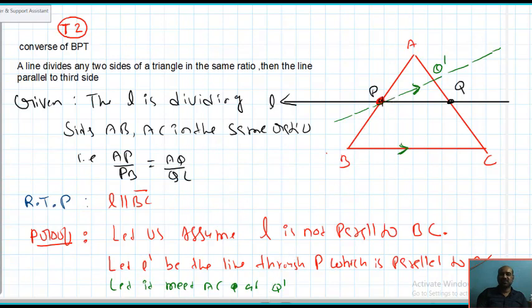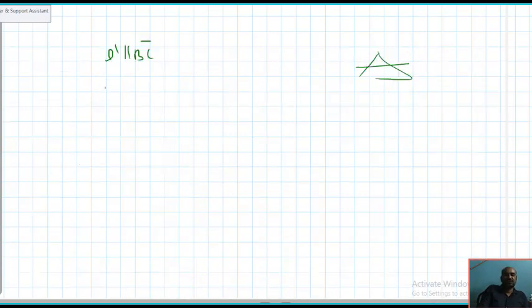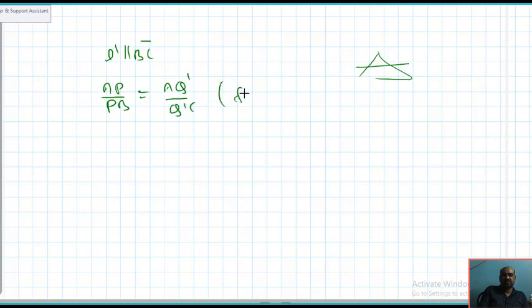Now what happened? L dash is parallel to BC. If L dash is parallel to BC, in any triangle, if a line is parallel to one side, automatically that line divides the other two sides in the same ratio. That is from BPT, an already established theorem. So L dash is parallel to BC means AP by PB equals AQ dash by Q dash C. So AP by PB equals AQ dash by Q dash C from BPT.